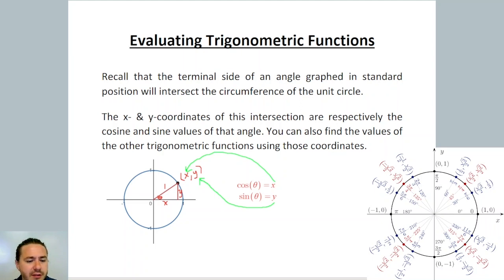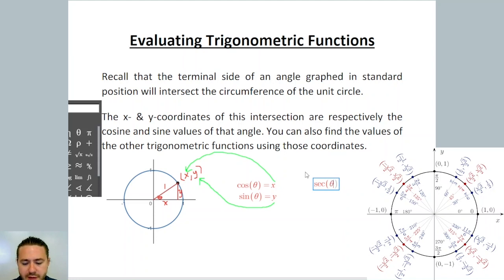So for instance, let's talk about the reciprocal functions, and then we'll get into tangent. The reciprocal of cosine is secant. So secant of theta is going to be the reciprocal of cosine, so that will be 1 over x. If x is a fraction, and hopefully you can see, except for the extremes, all of the x values and even the y values of these coordinates are going to be fractions.